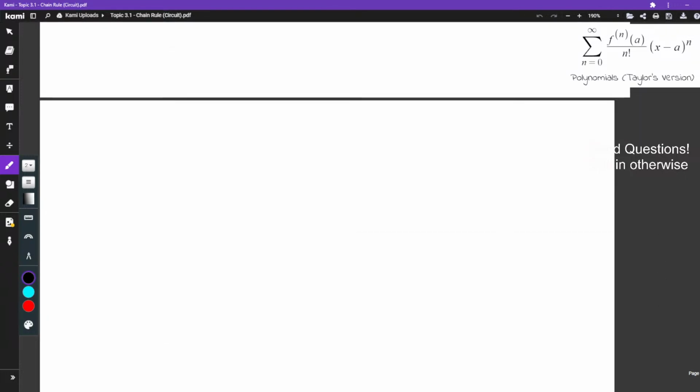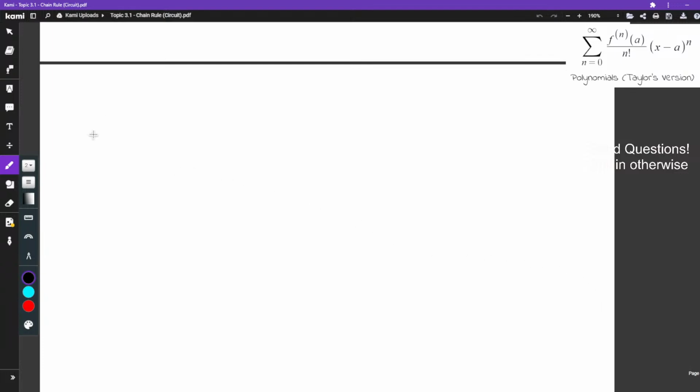So, if it asks for a tangent line, you need a point and a slope.